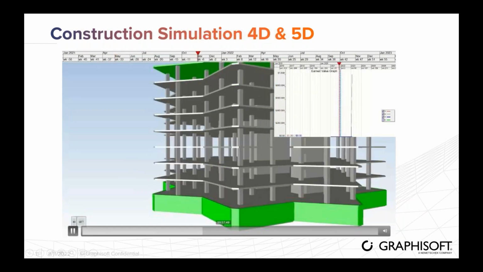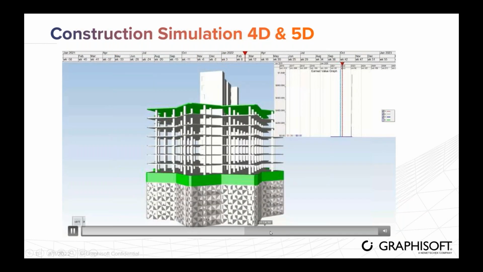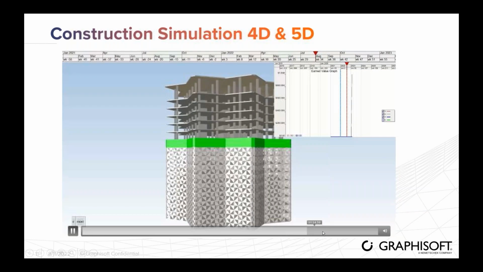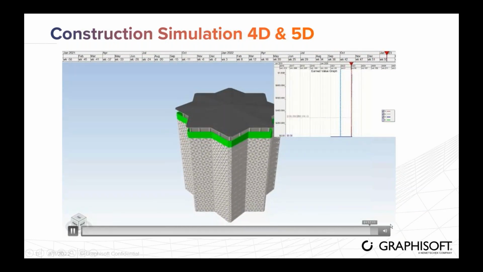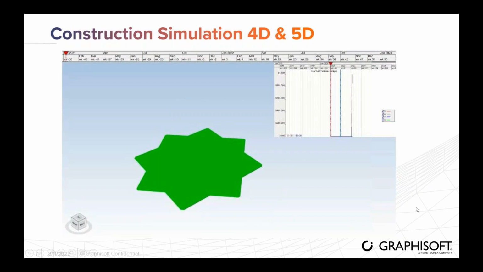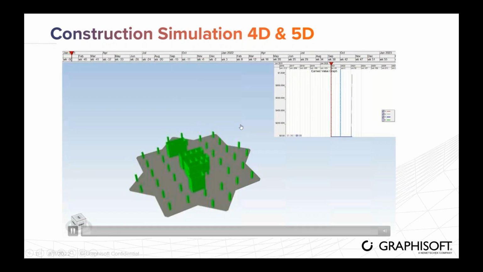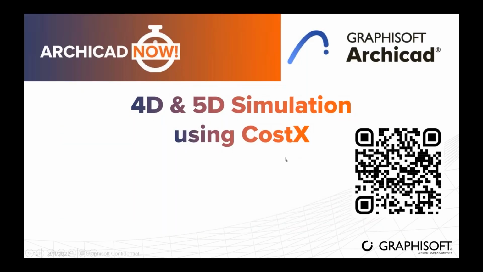So let me just forward a bit. Okay, so due to time constraints, I'm not going into showing Synchro here. So you can perform 4D and 5D simulation using an Archicad model in Synchro.